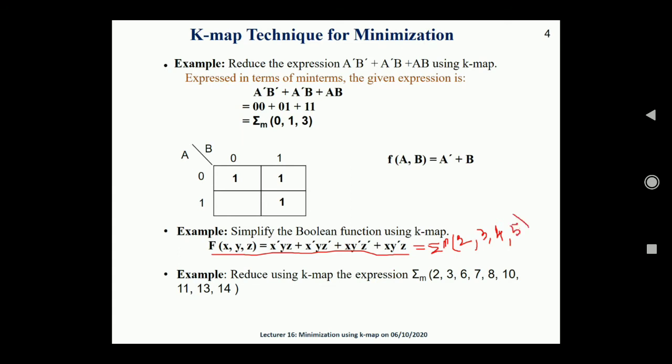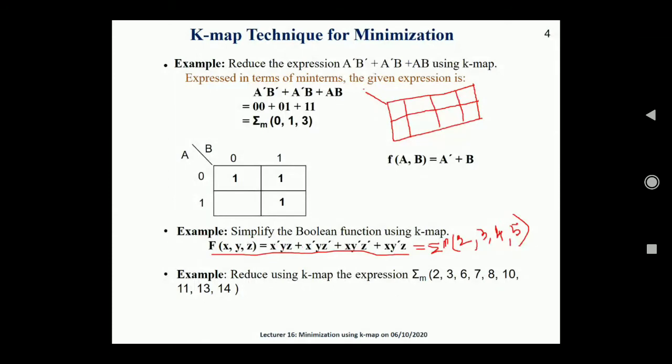Now we can easily draw the K-map. Three variables we are using, x, y, z.